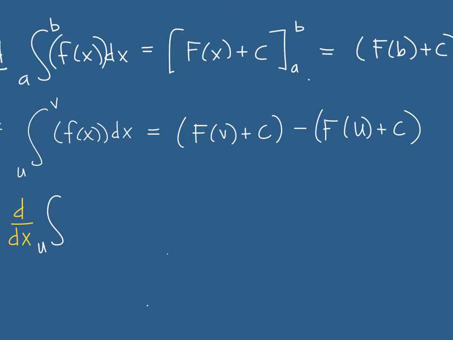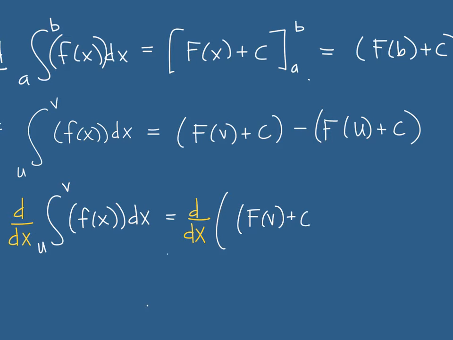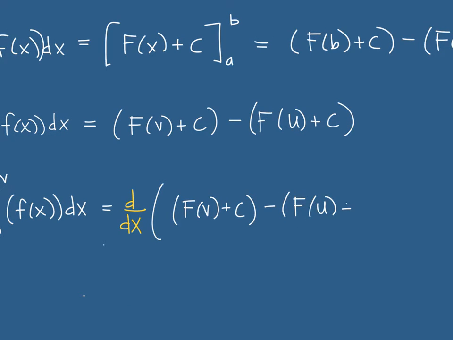I'd like to take the derivative of this side and I would like to take the derivative of the other side. All right, and let's see what happens if we follow our rules for derivatives that we've worked on all year.